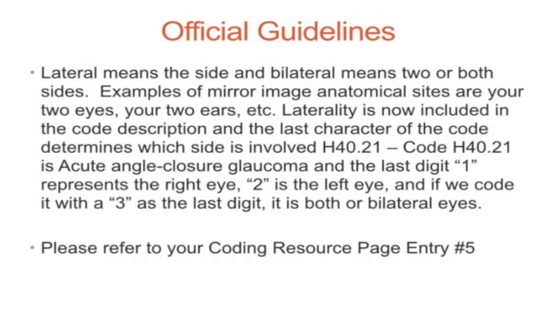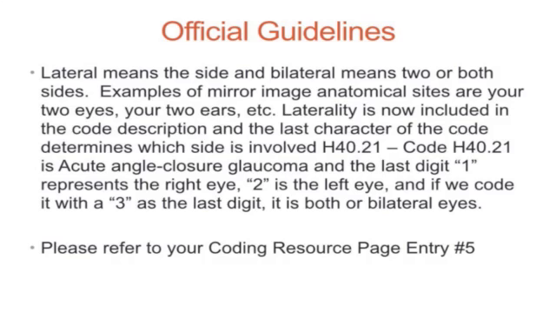Lateral means the side, and bilateral means two or both sides. Examples of mirror image anatomical sites are your two eyes, your two ears, etc. Laterality is now included in the code description, and the last character of the code determines which side is involved.